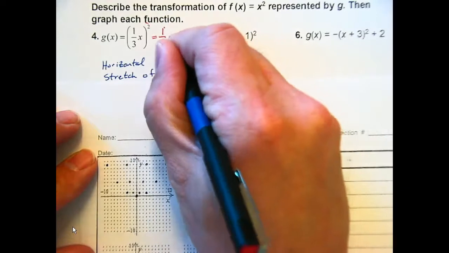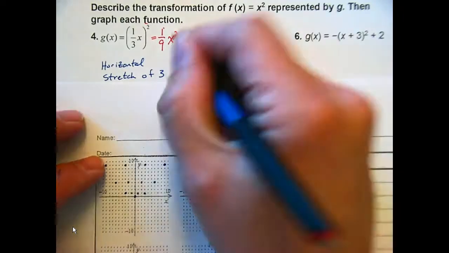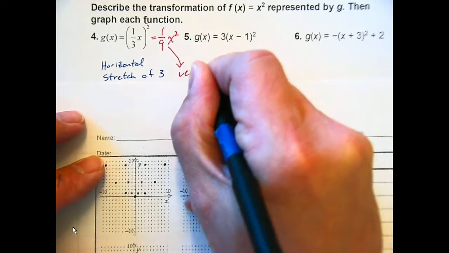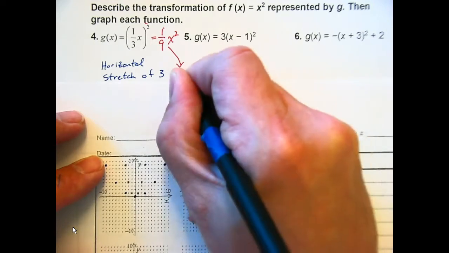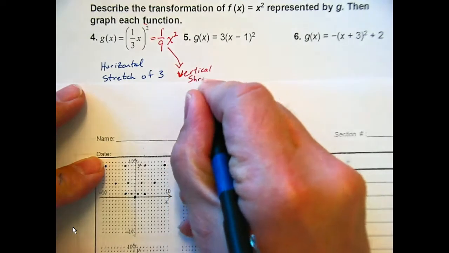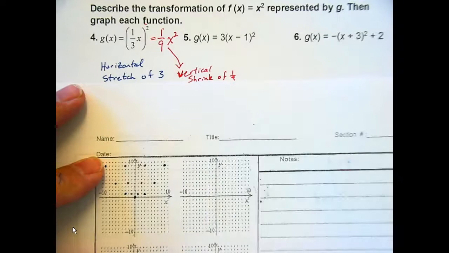Okay, 1/9 x squared. Now you have a vertical. What does that mean? Well, that means this now is a vertical. Vertical what? This is a vertical shrink of 1/9.